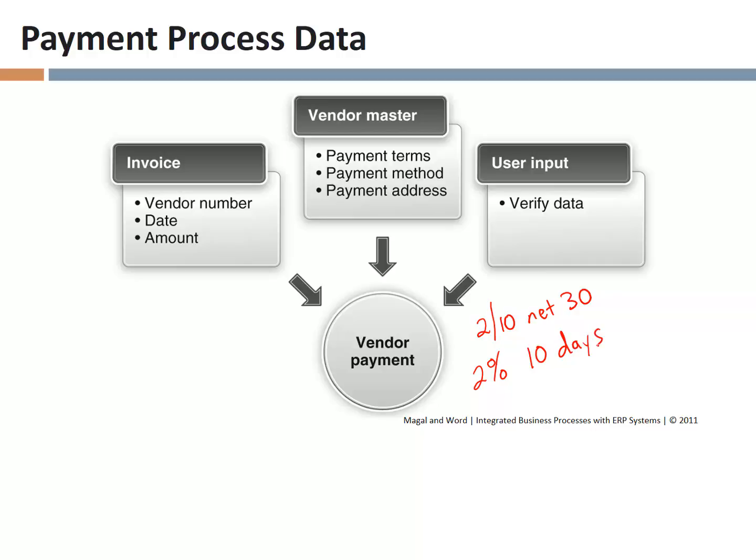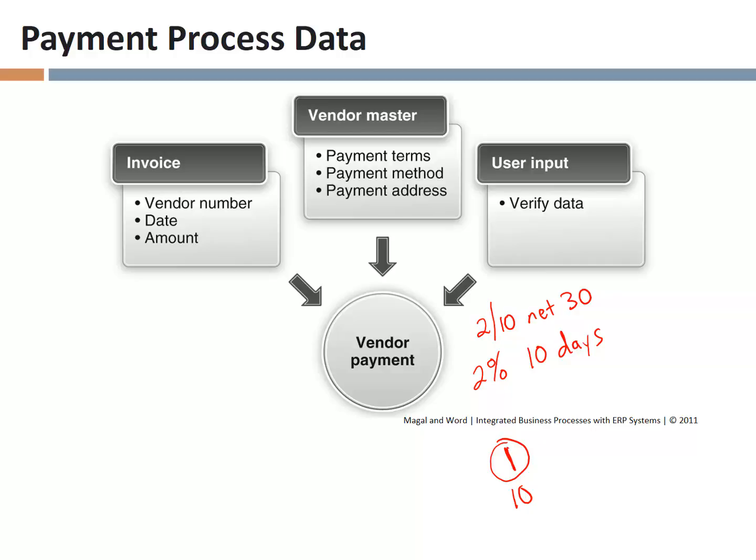Well, that means that if I pay on day 1, I get a 2% discount. If I pay on day 10, I get a 2% discount. Well, why should I be eager to pay on day 1 if there's no incentive for me to do so?